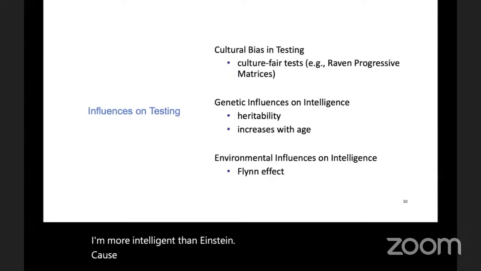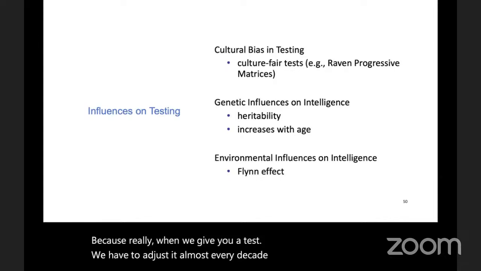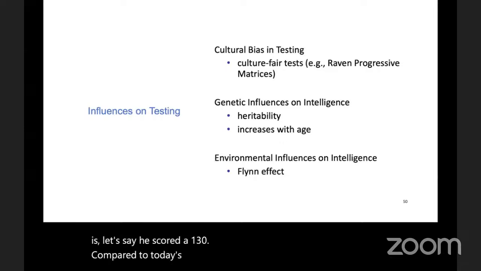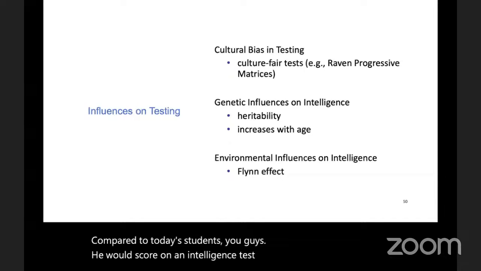Because when we give you a test, we have to adjust it almost every decade. Let's say he scored a 130. Compared to today's students, you guys, he would score on an intelligence test probably around 90, between 80 and 90.